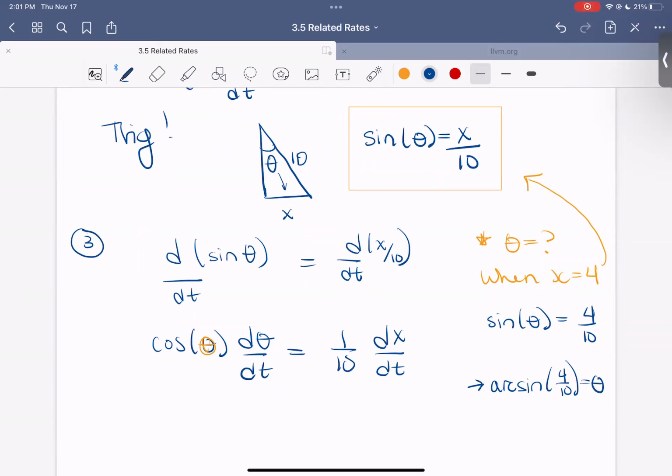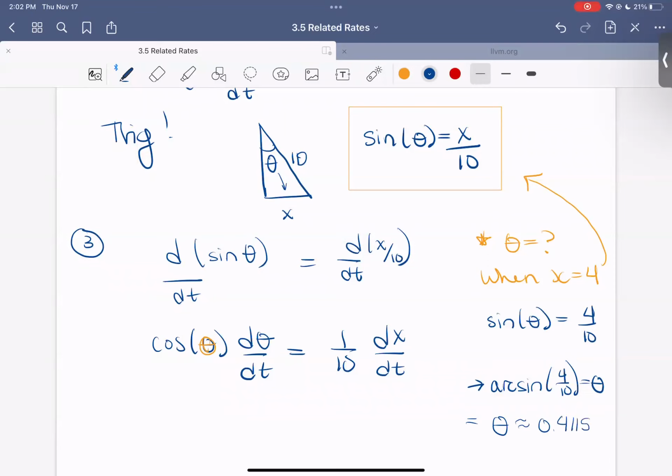We compute that arc sine, and we get that theta is about, we're using radians here, we can just use radians throughout, about 0.4115 radians.